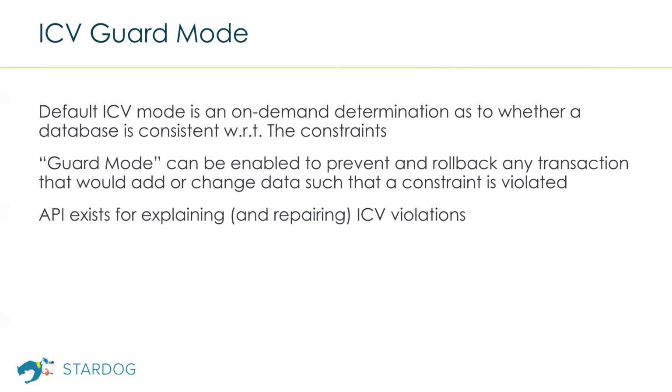And we have a whole API for explaining the violations, similar to how the reasoner can explain how it gets where it's going. And also repairing them. If you have an ICV violation, you can tell Stardog to repair it, and then it will just add the data that it needs to satisfy those requirements.